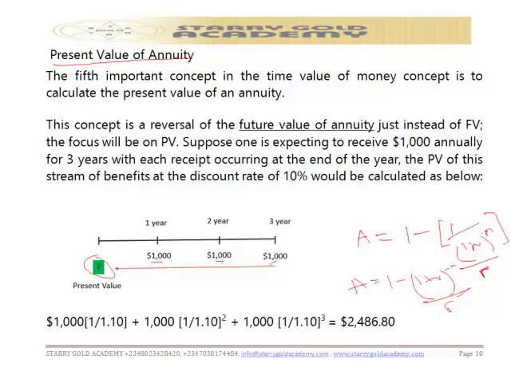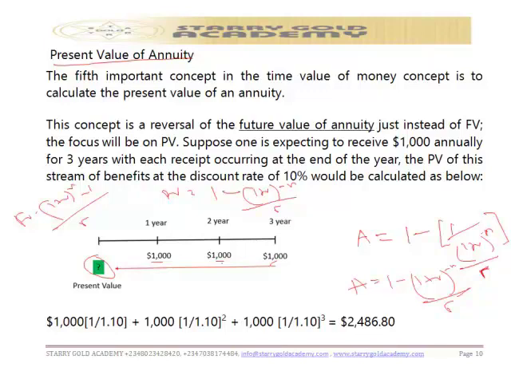For the future value, it is 1 plus r raised to power n minus 1 all over r. But the present value is 1 minus 1 plus r raised to power minus n all over r. You can note the difference, because the little difference is what you need to master here.